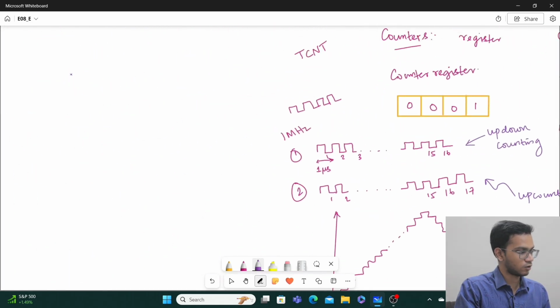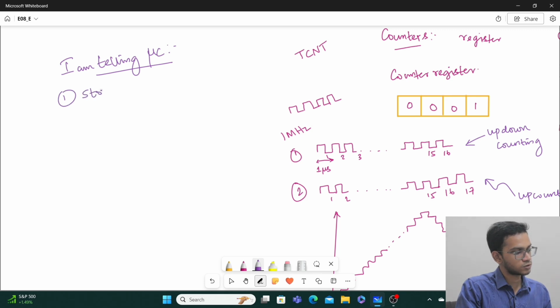I am telling my microcontroller to stop counting when you reach value 10, which is 1010.